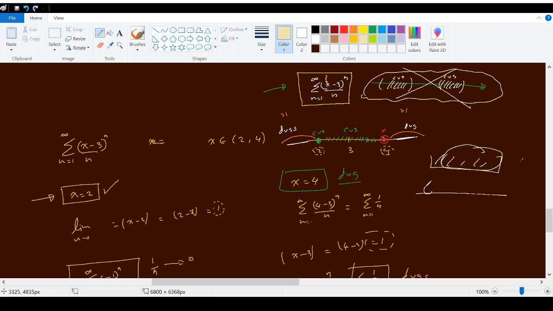You don't have any holes in between. So it converges throughout a certain region, and outside that region it diverges. It will not have these sort of converging regions. Like here you have a hole in between. It does not have such a property, and it is a common thing for all the power series. So in this video we discussed a very important property of power series.